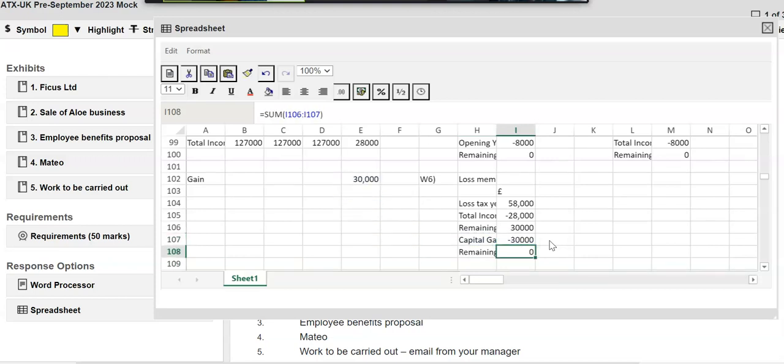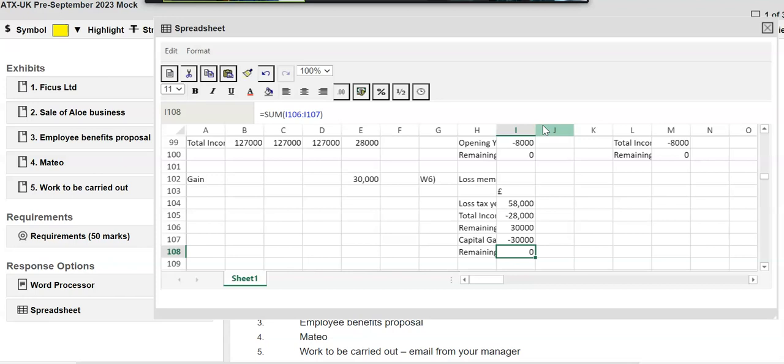And this. So we have to see what is the most beneficial out of all of these. If we adjust the loss against the total income of the tax year 22-23, then what will be the resulting effect? The personal loss will be wasted, right?